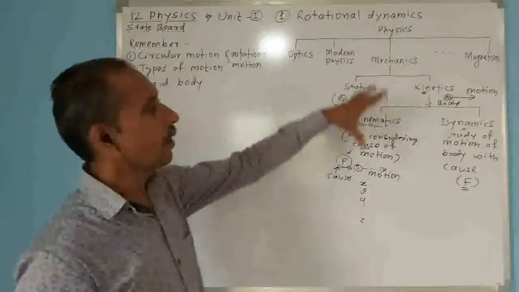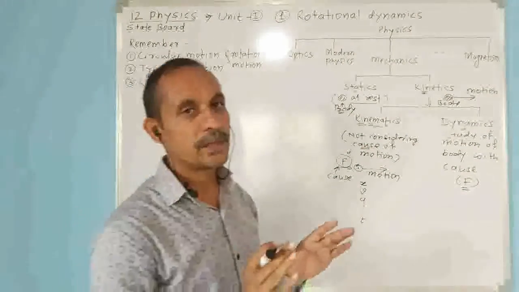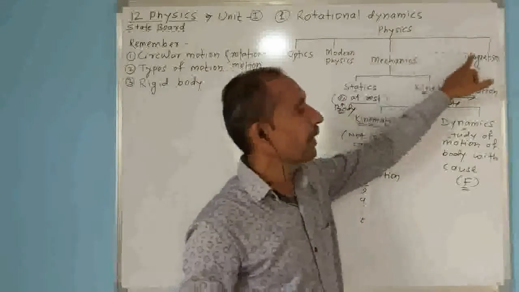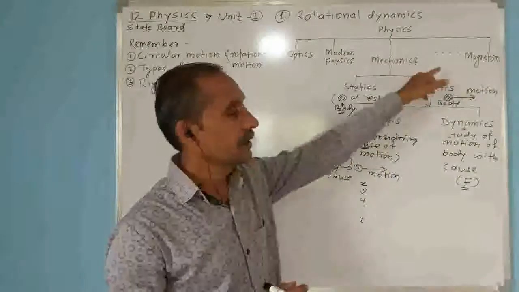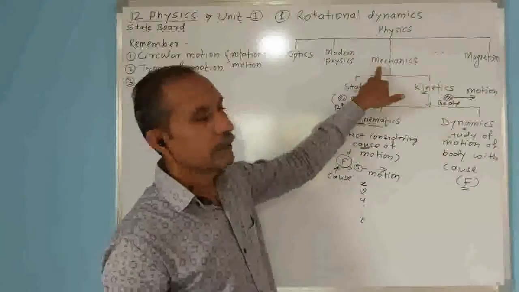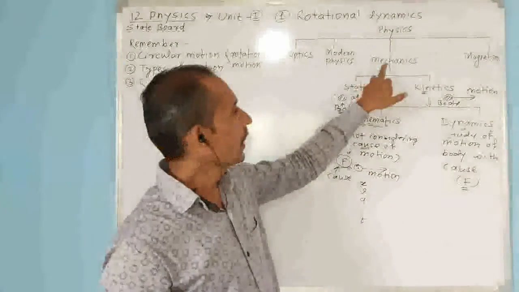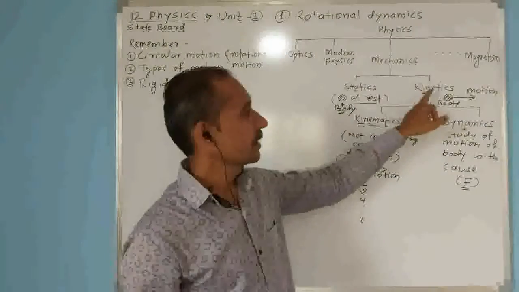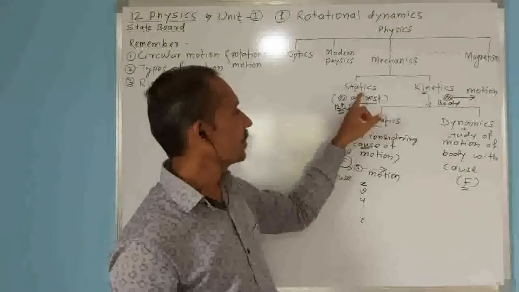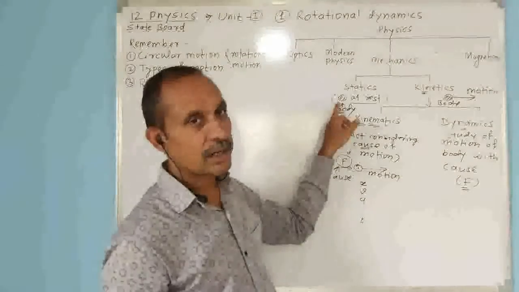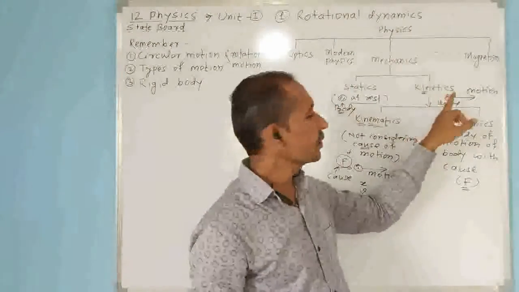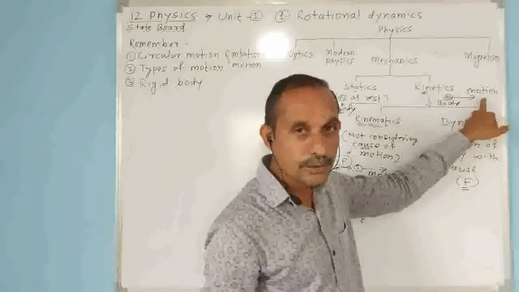Okay. So this is all very short information about physics and the number of branches. Few branches are given here. We study the bodies which are at rest in statics. Kinetics is where we study the body in motion.